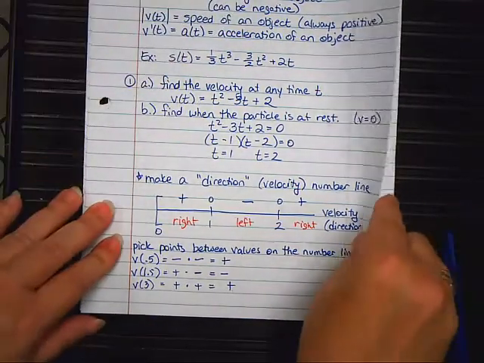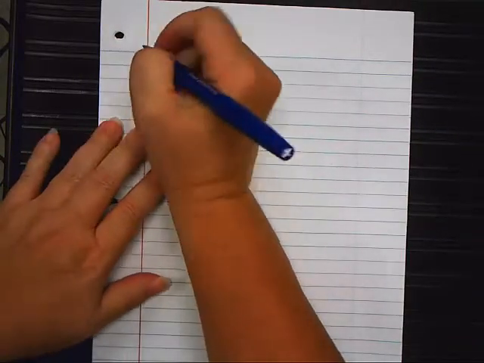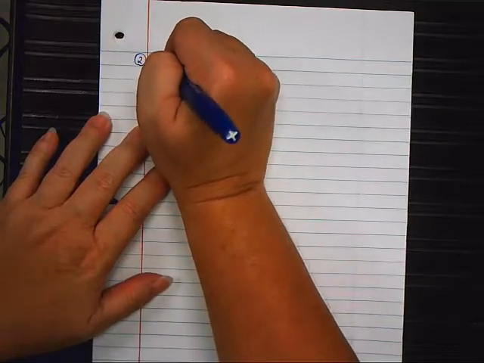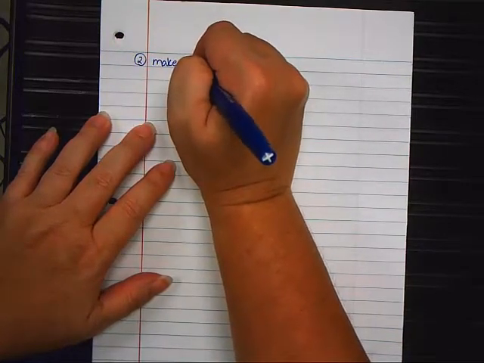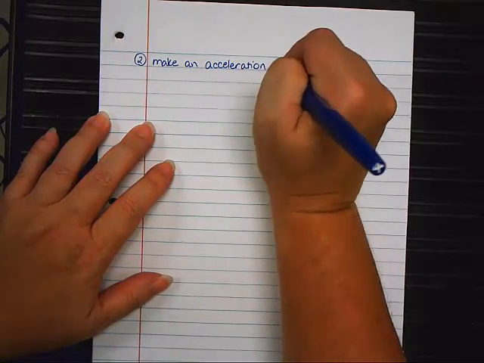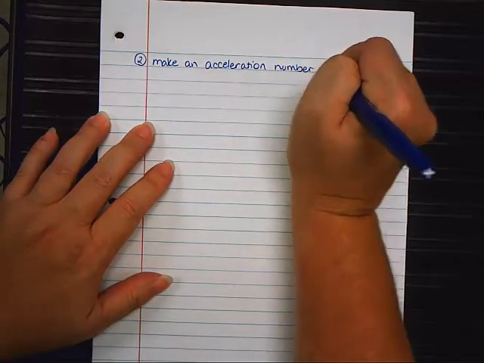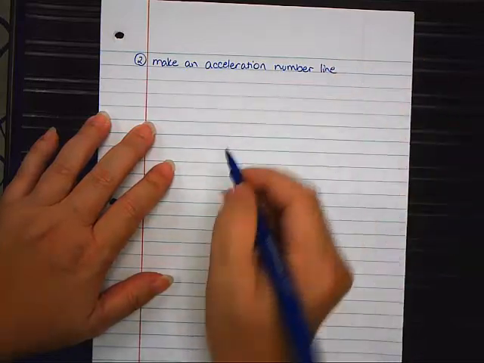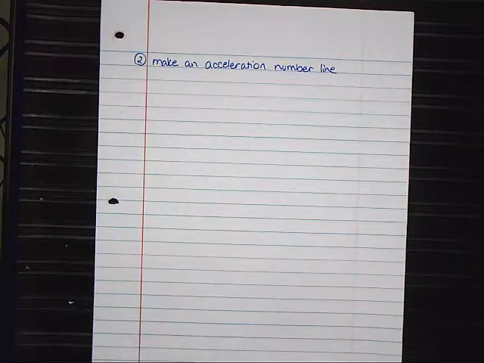Now, part 2, going to a new sheet of paper. You don't have to go to a new sheet, I did. Make an acceleration number line. Okay. The acceleration is the derivative of the what?